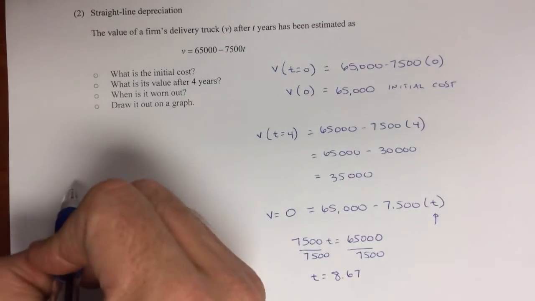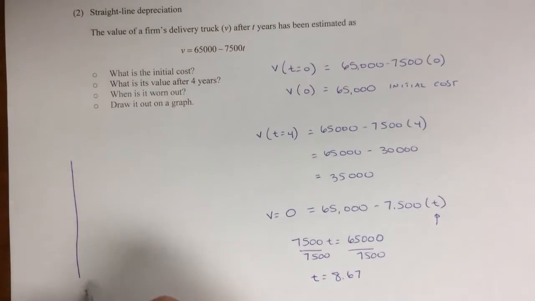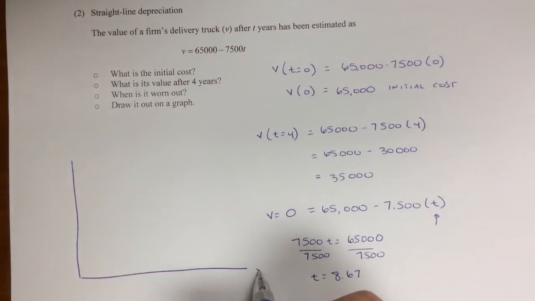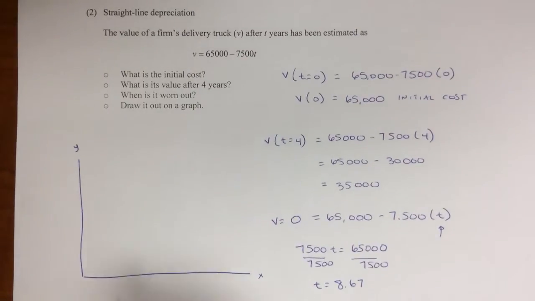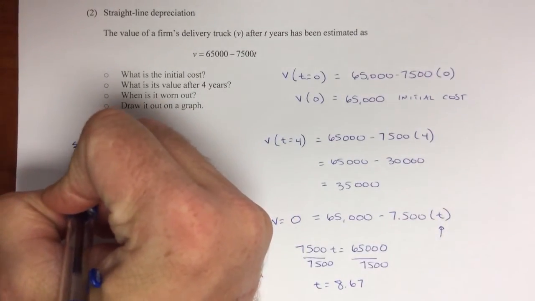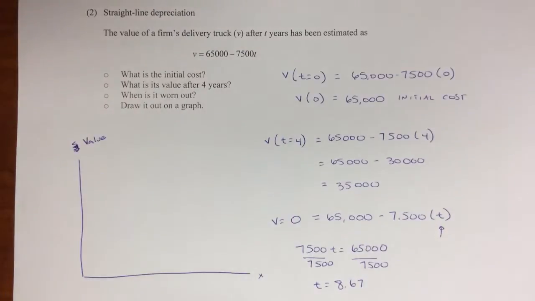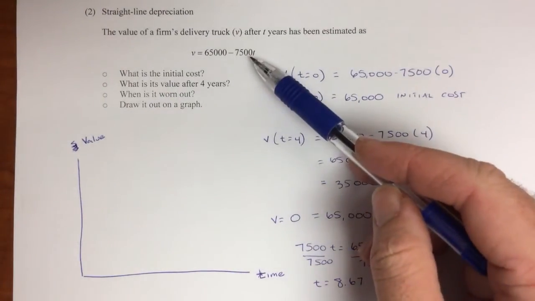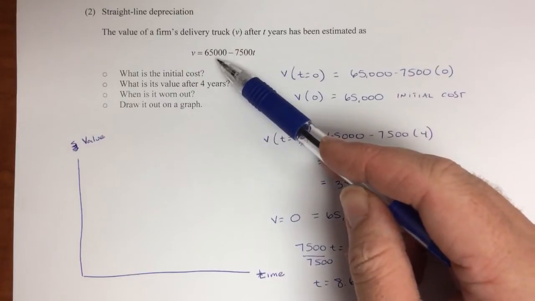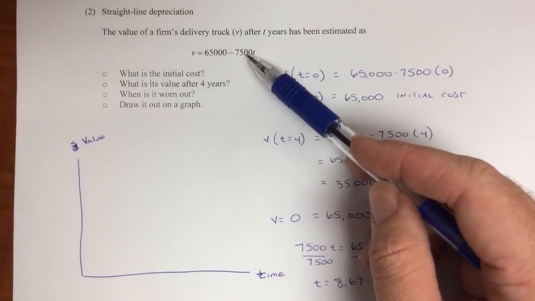Lastly, let's draw it on a graph. Here I have what's normally my x and my y, but I'm going to change this to match the information given. So my y in this case is value of the truck, and my x is time. I solved over here: when time is 0, value is 65,000. So this is in our slope-intercept form.